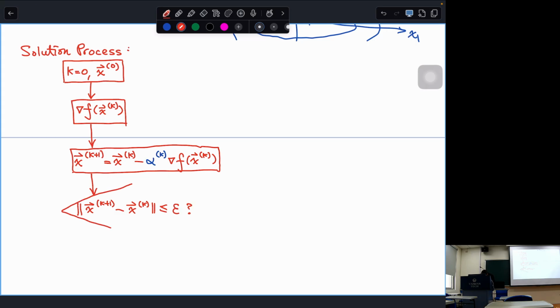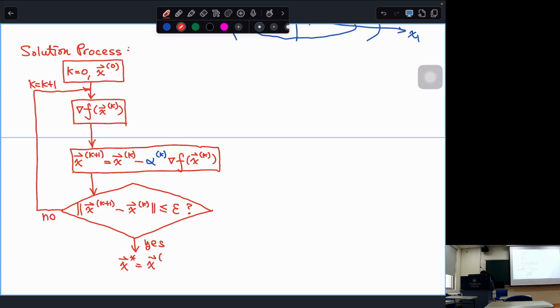The usual check, right? And if not converged, k equals k plus 1. If converged, optimal is the latest solution, right? Everything is just like what happened last time. Only difference is that there is an unknown alpha.